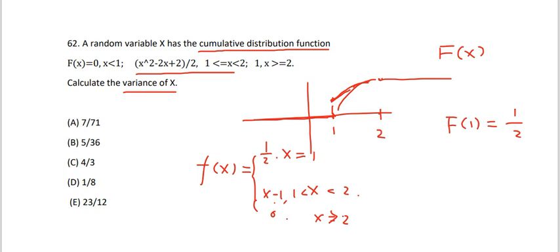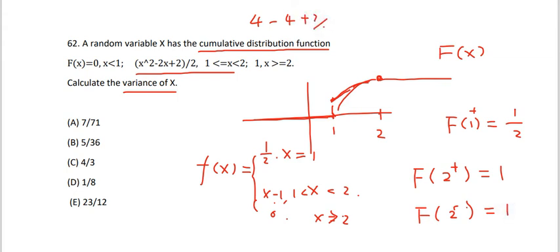On the right side, 2 plus, the value equals 1. For the left side, 2 minus, we check this: when x equals 2, 2 squared, 4 minus 4 plus 2, over 2, also equals 1.